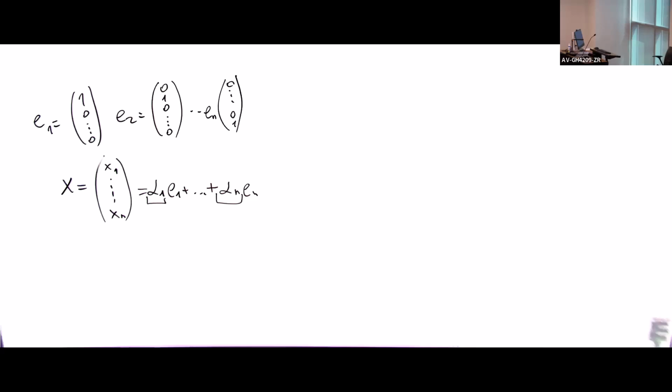So your coefficients in the linear representation will be the coordinates of that vector, which are the elements of that vector. This is why we interchangeably call them coordinates and elements of the vector. Same thing, because we're typically thinking about that type of standard basis.